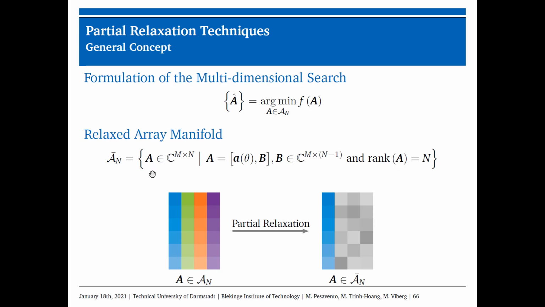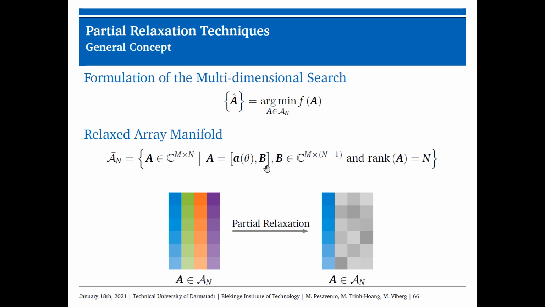Each element on the relaxed array manifold retains the geometry of the sensor array in one column. Without loss of generality, we can assume that the structure of the first column here is maintained.